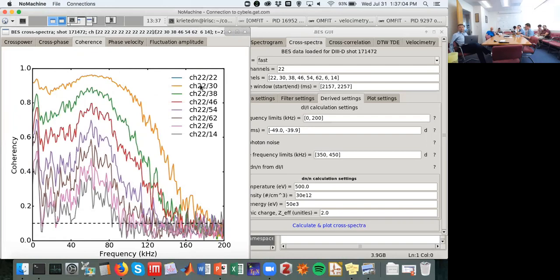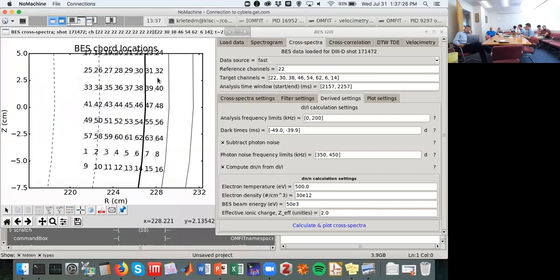As you increase channel separation, going down this color gradient, orange to green to red, purple, and so on, the coherence magnitude decreases because channels are farther away, so the turbulence is less coherent between them, and the frequency range gets narrower and narrower, monotonically all the way down to the coherence between 22 and 44, which is the coherence between the turbulence at the top of the array and the bottom of the array.